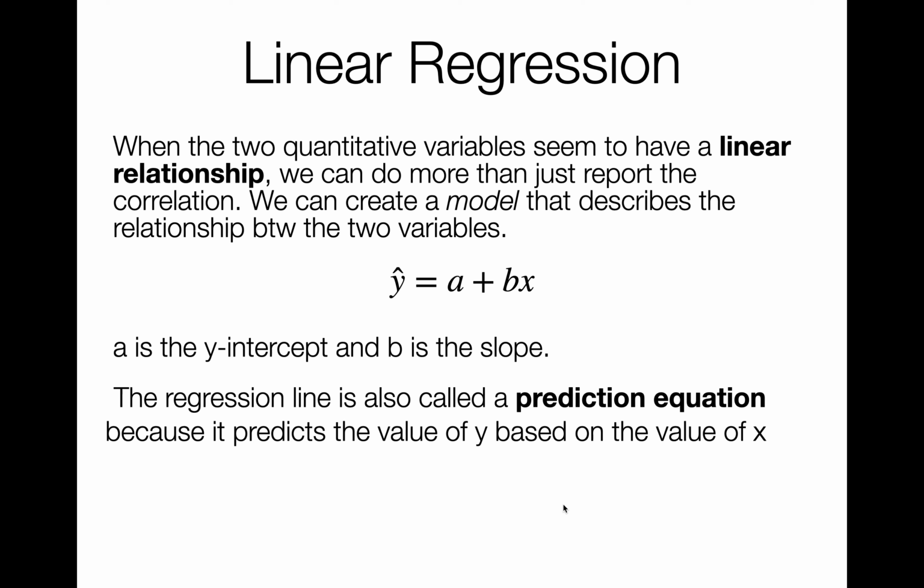Okay, then so I have some data on some people. I create a model, that line that describes that relationship between the two variables. And what I can do with that line is I bring somebody new into the class or into wherever. They give me their weight, okay, but they're behind some screen, so I can't actually see their height.